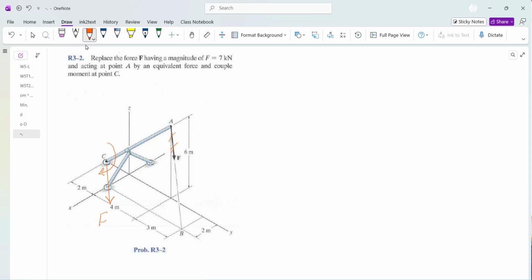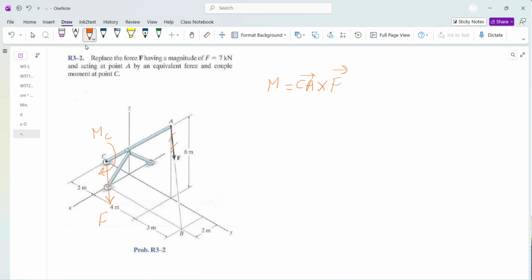So what is that moment? The moment which compensates for that transformation, I call this moment about C, is the position vector which defines that transformation, here CA, crossed with F as a vector.